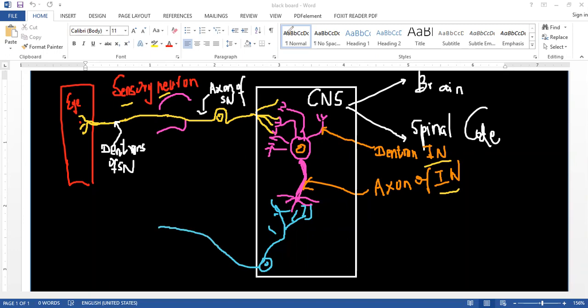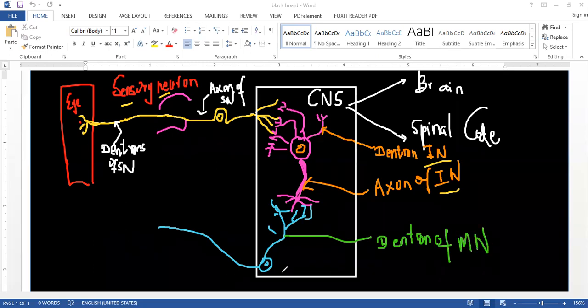This is what? Can you name it here? The dendron of the motor neuron. And this is the cell body of the motor neuron.